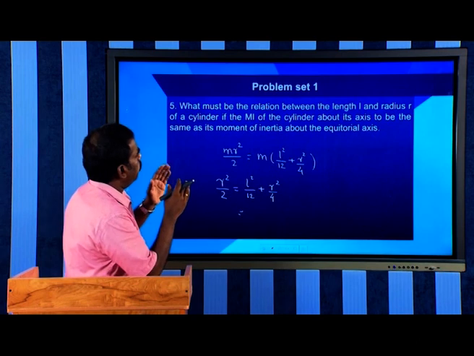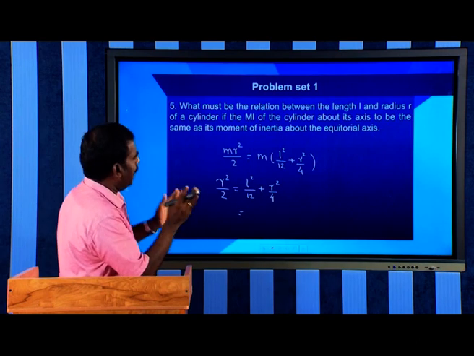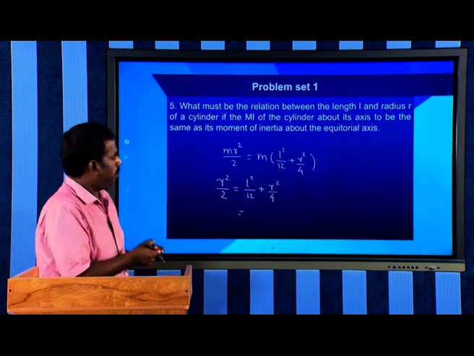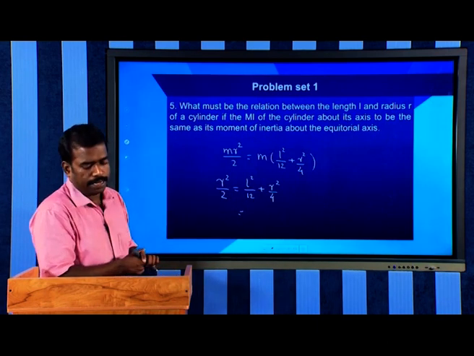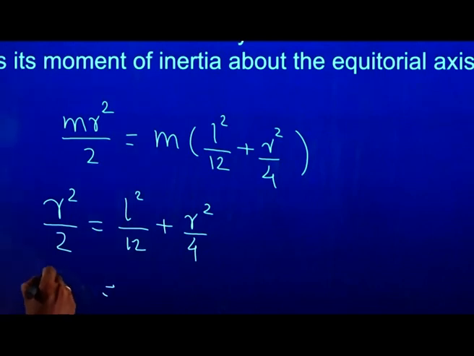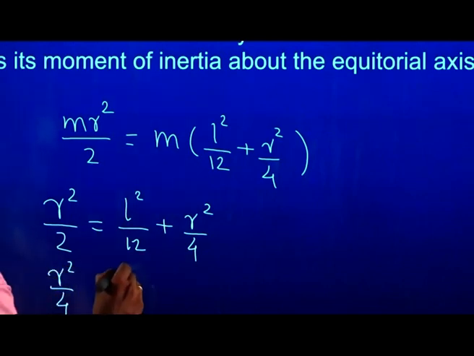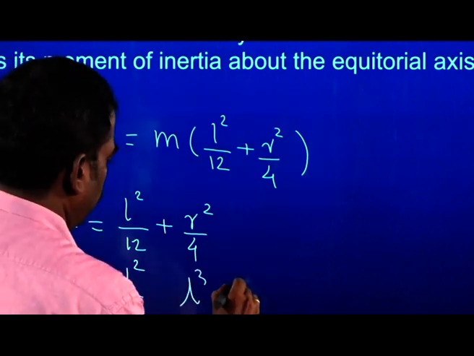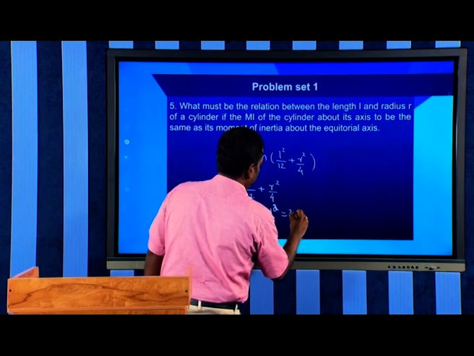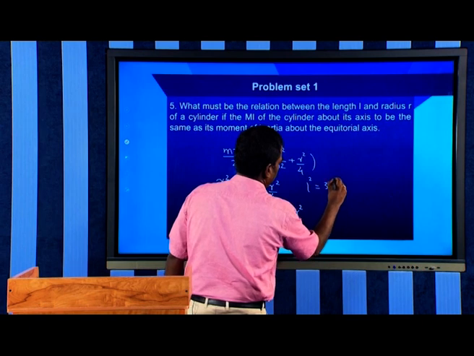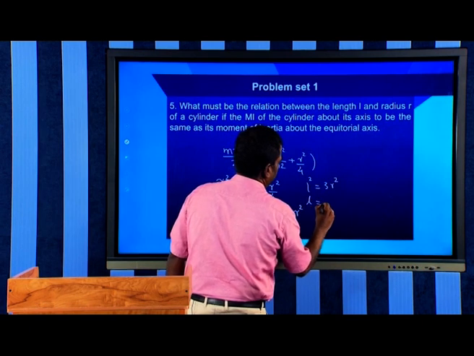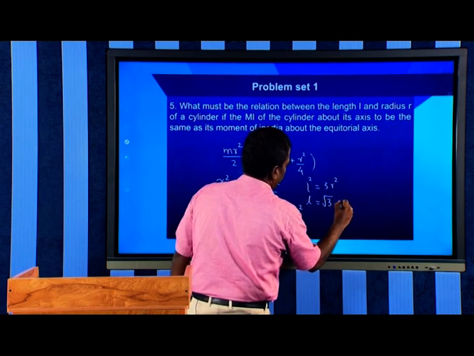We need to find out the relation between length L and radius r. Solving this, just take r square by 4 to this side, so that in the LHS it becomes r square by 4 equal to L square by 12, or finally you can write L square equal to 3 r square, or L equal to root 3 r.